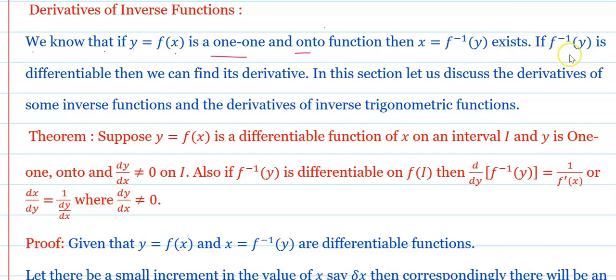If f inverse of y is differentiable, then we can find its derivative. In this section, let us discuss the derivative of some inverse functions and derivatives of inverse trigonometric functions.